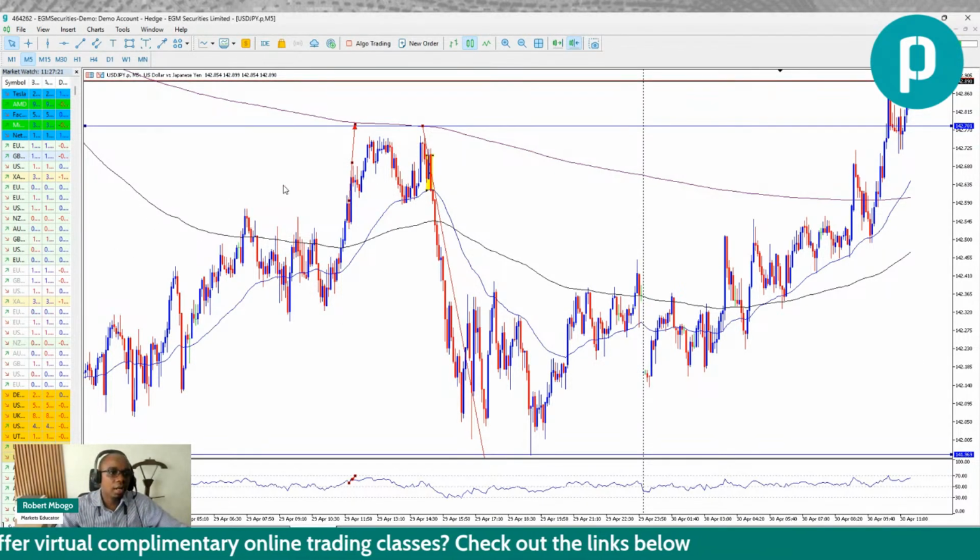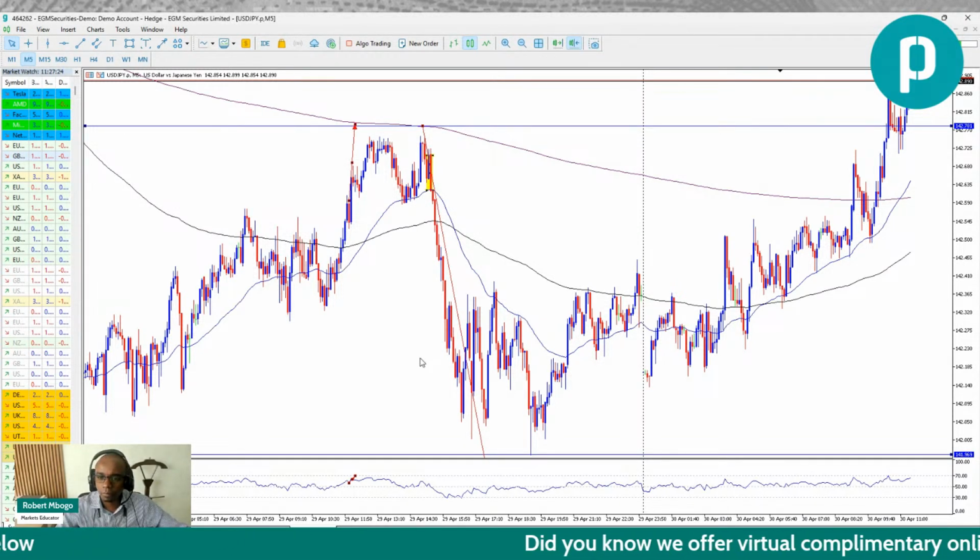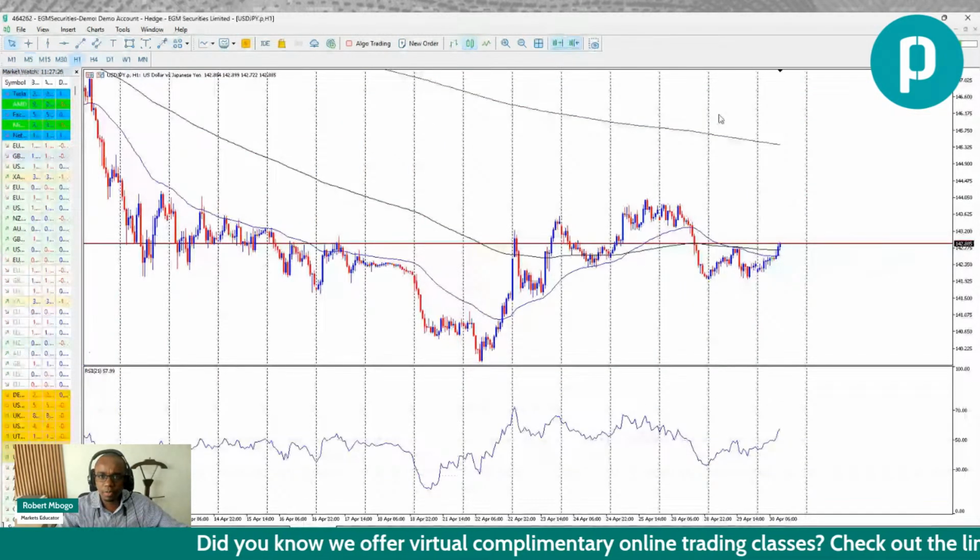So let's remove this analysis and map out USD JPY afresh. I would want to go to higher time frames.